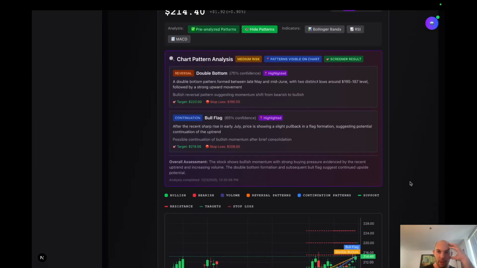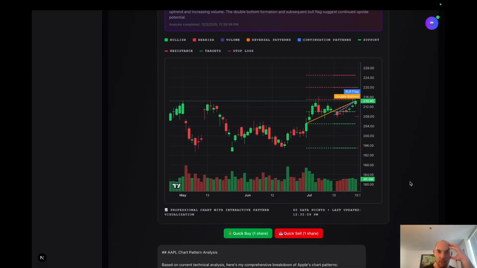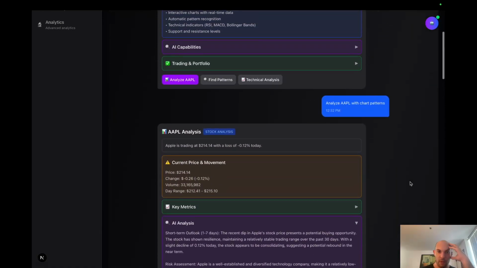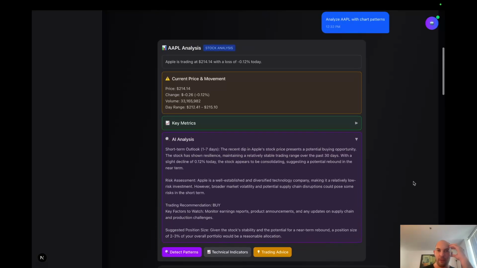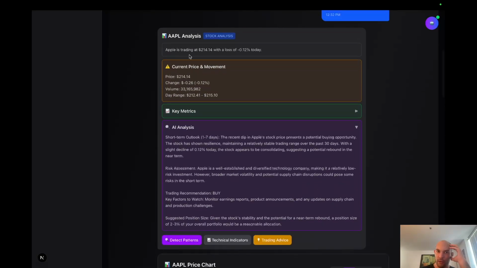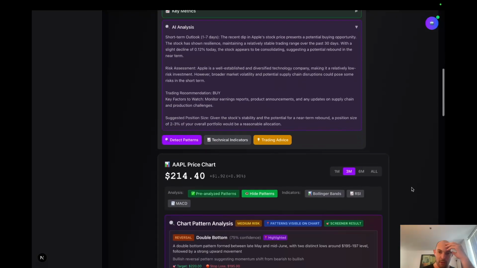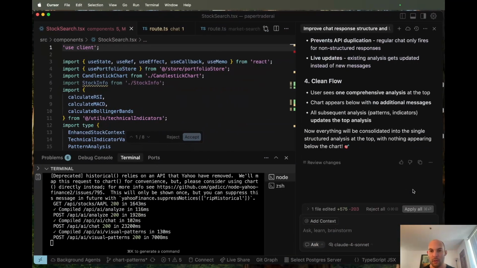I think that's okay. I still think it could be consolidated into here. Basically, we need to have the chart with a container that's tabbed for the indicators, the overall analysis, and the chart patterns. So I think we're kind of getting there.